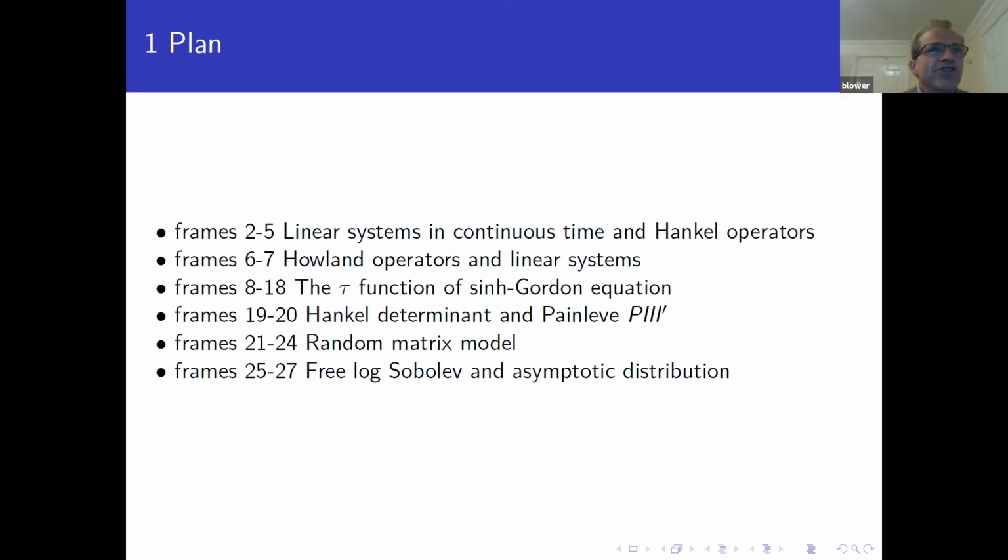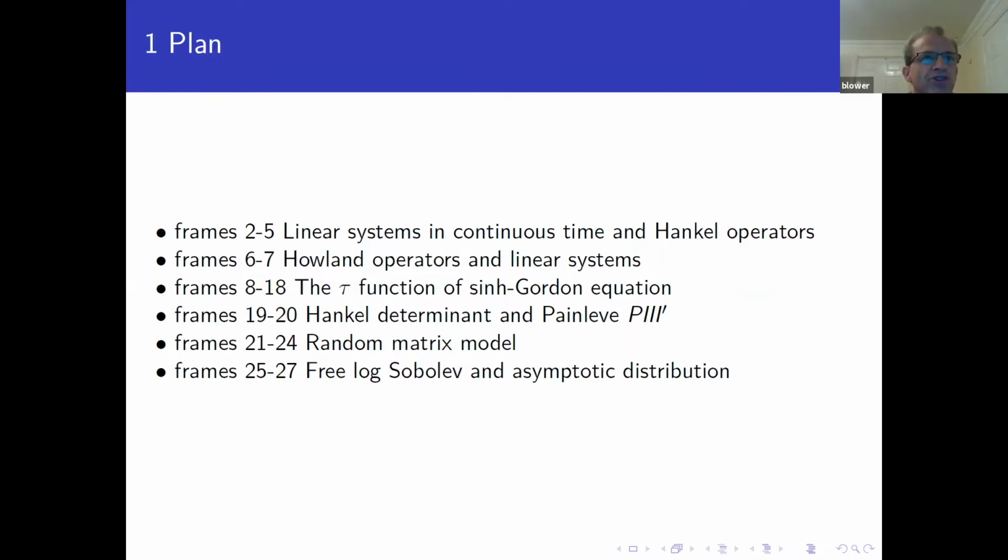General plan of this talk: I'll begin by introducing familiar definitions from the theory of linear systems in continuous time and Hankel operators. Then I'll return to a topic of Howland operators and consider how they're related to linear systems, and then introduce a tau function which is associated with a linear system and also with the sinh-Gordon equation.